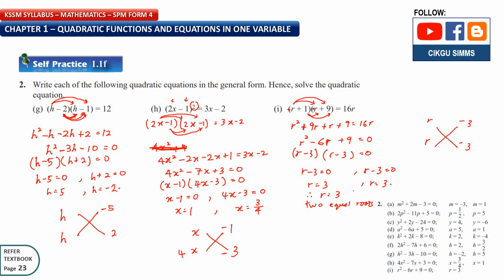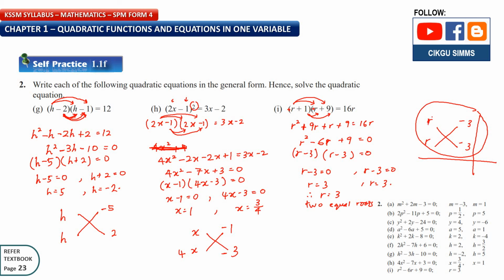Okay, so that's it for finding roots by using factorization methods. It's a long video, so I hope you understand it, and you can do more practice. You can do the complete version. This is the short version which needs mental calculation.